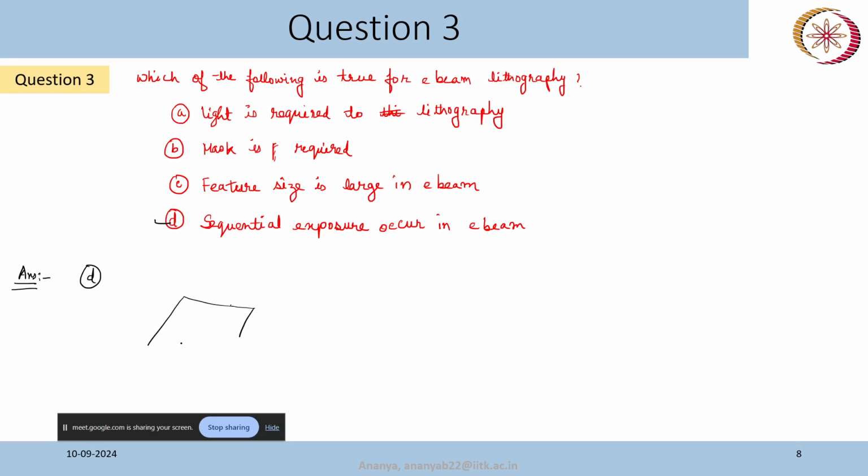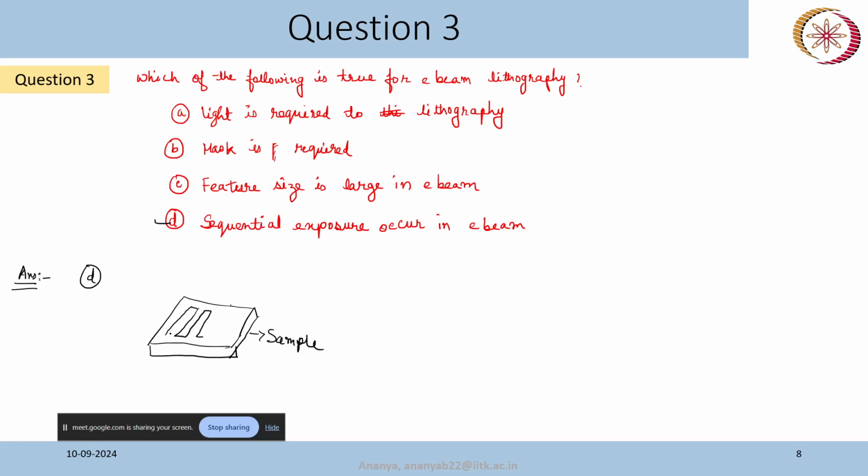That means you will have the electron beam, and this is your sample, the top surface, and you will scan from one end, go towards that side like this. Again you will take a step, come back, and do a scan like this. This is known as raster scan.